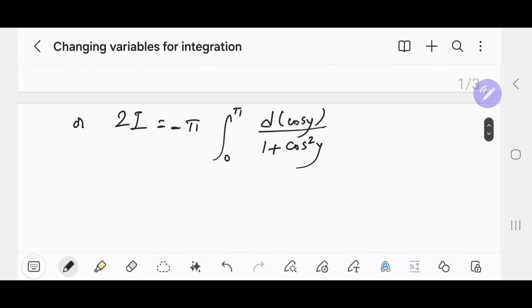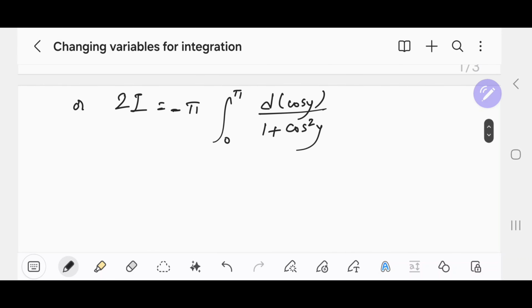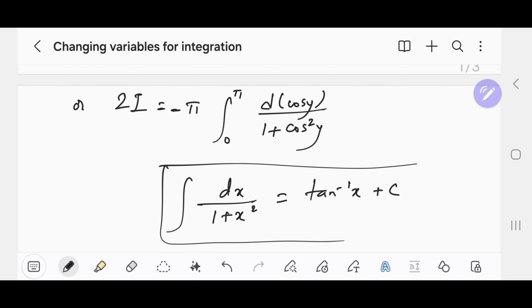Now this resembles some formula. If you remember, the integration of 1 over 1 plus x square is the formula of tan inverse x plus c, right? This is the formula. So same scenario is here.